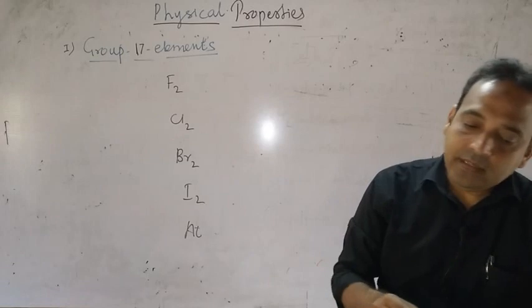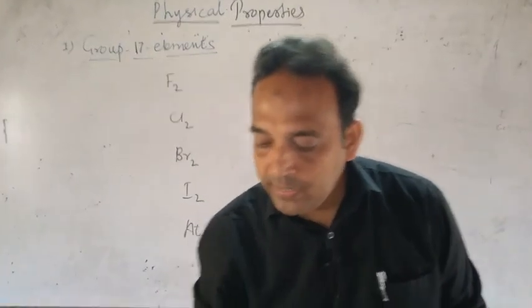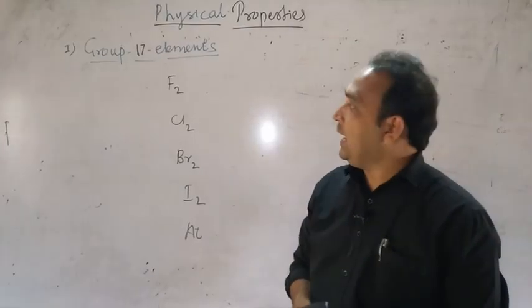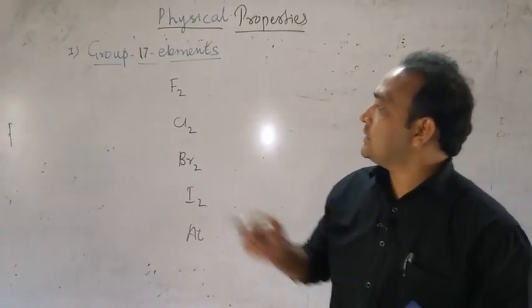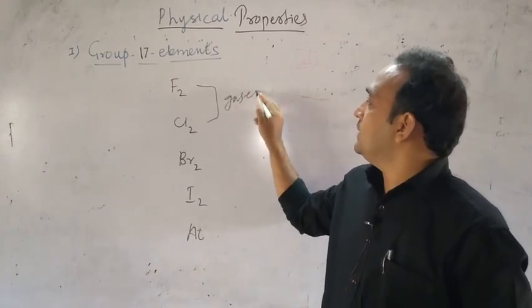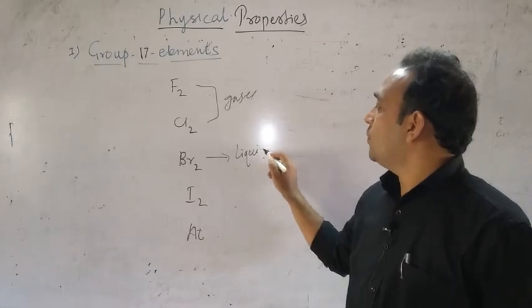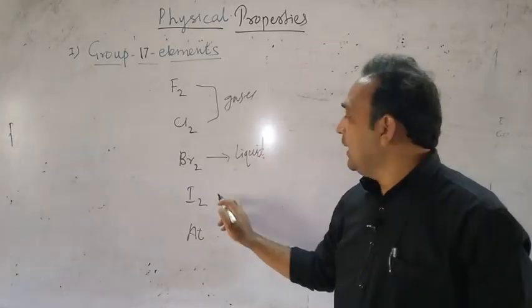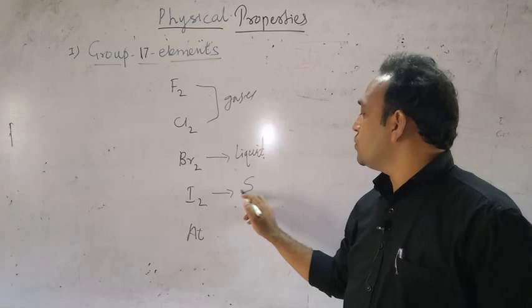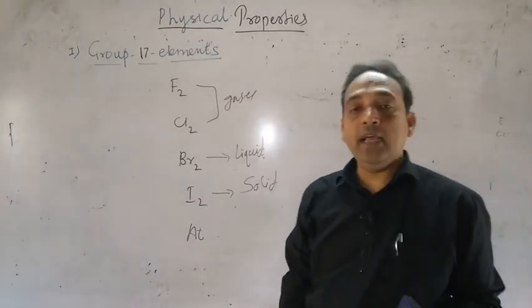Now while writing the physical properties of these elements, our first point: fluorine and chlorine are gases. Bromine is a liquid, and iodine is solid at room temperature.